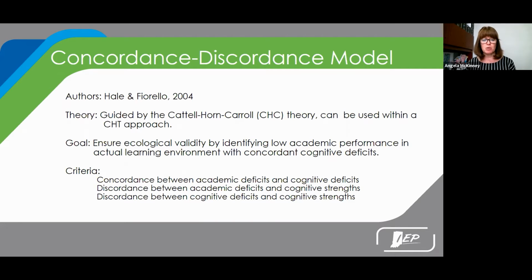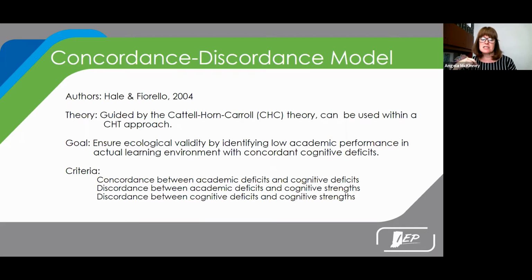So again, similar criteria. It's looking at some similarity or concordance between those deficit areas in both academic and cognitive. And then it's also looking for differences between your academic deficits and your cognitive strengths. So that's a little bit different than how PASS looks at that first method.